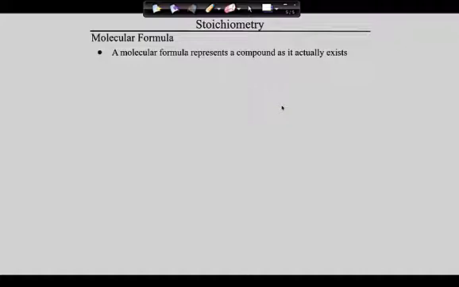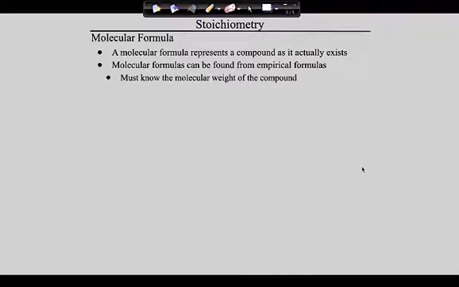Now, guys, here's the thing that's interesting. Molecular formulas can be found from empirical formulas. We're going to do a lab on this. Maybe. We'll see if we can fit it in. So, guys, how do we do this?